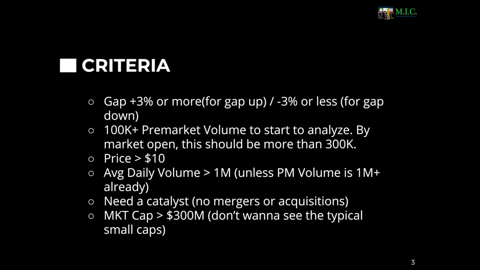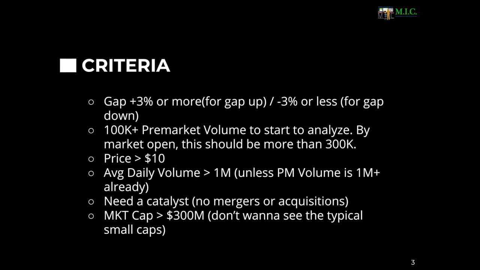So next criteria is 100,000 plus pre-market volume. I use this to start to analyze, but by the market open, that volume should be more than 300,000. So if it's not, it's up to you to decide whether you trade it or not. If it's a known company and a popular ticker, I might trade it. Just depends.